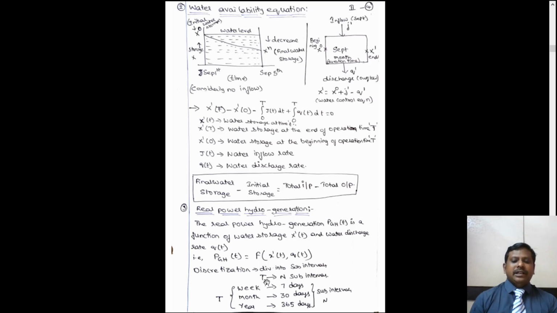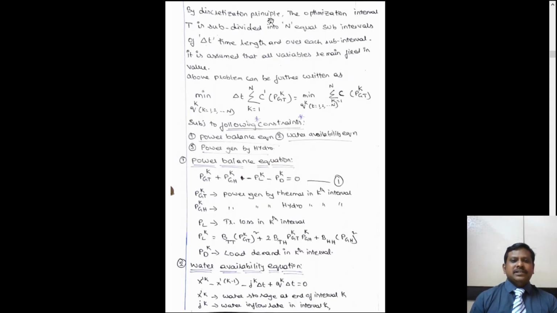So here T is categorized into n subintervals. If you are considering a week, you will have 7 days as your subintervals, in the case of a month, 30 or 31 days, and in a year, 365 days, okay.